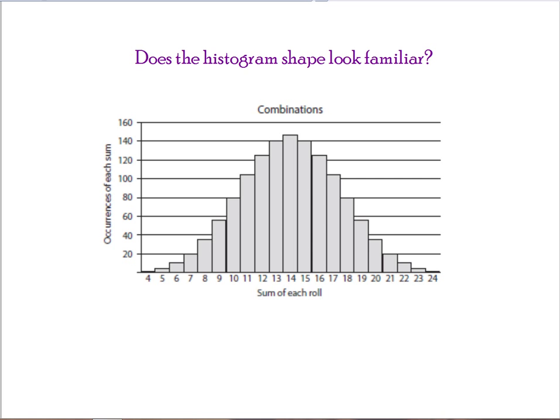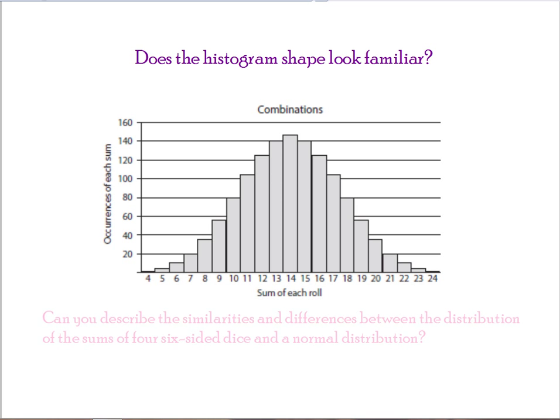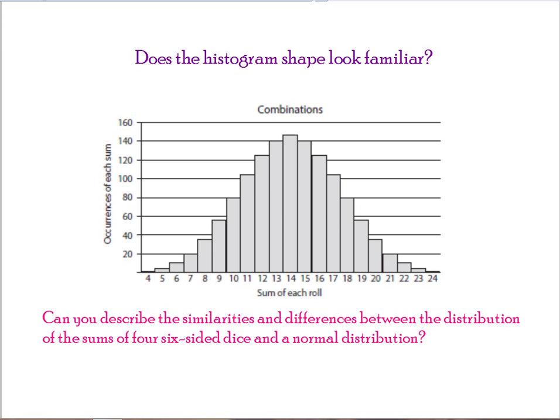The histogram shape should look very familiar to you right now. That's a normal distribution, right? So I can use normal curve data to help me figure things out. There are lots of similarities between the distribution of the 4 six-sided dice and a normal distribution.